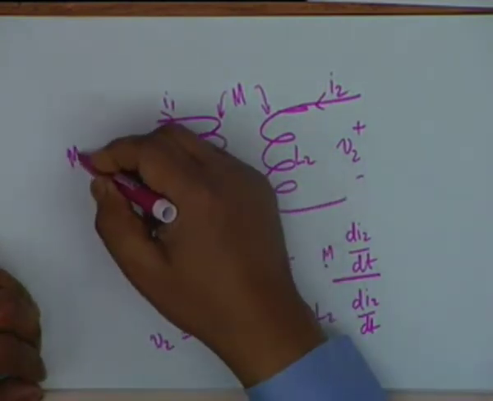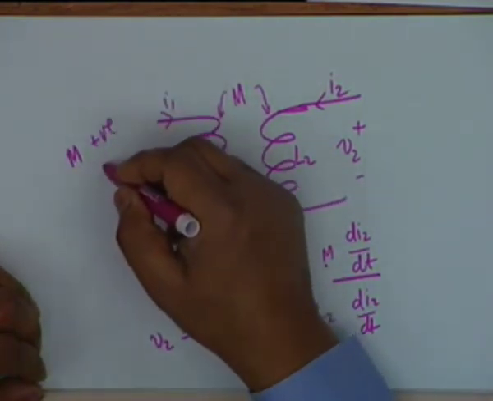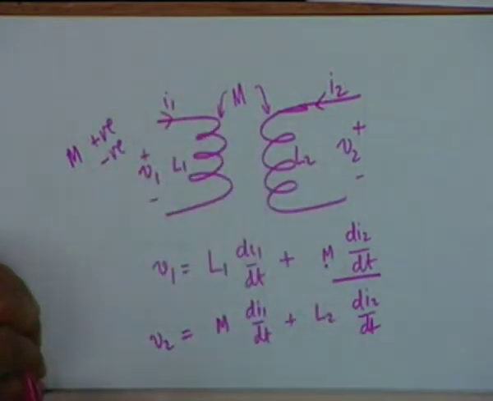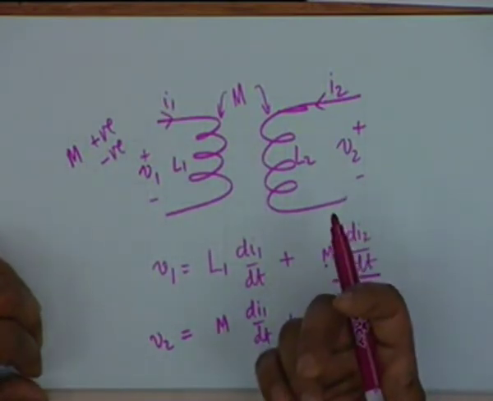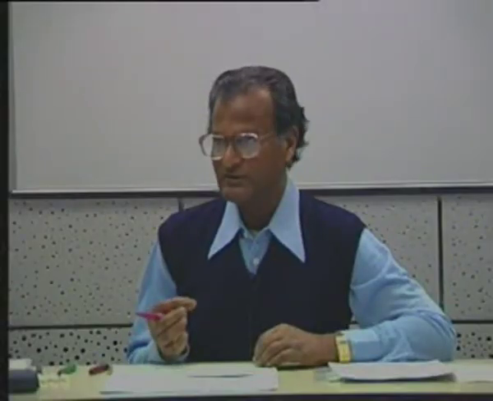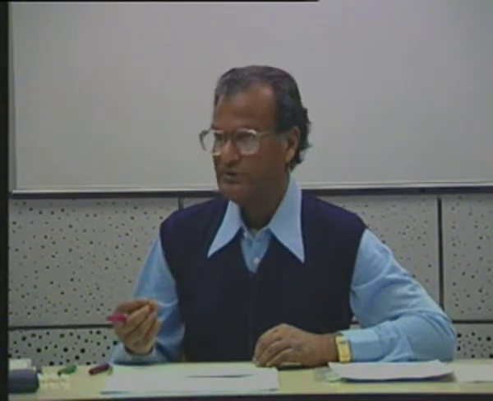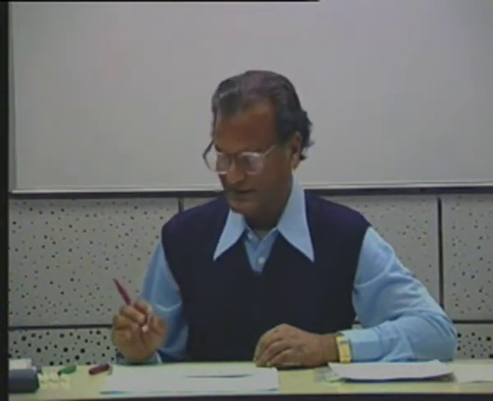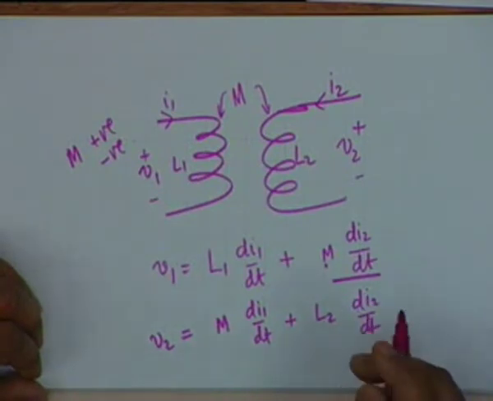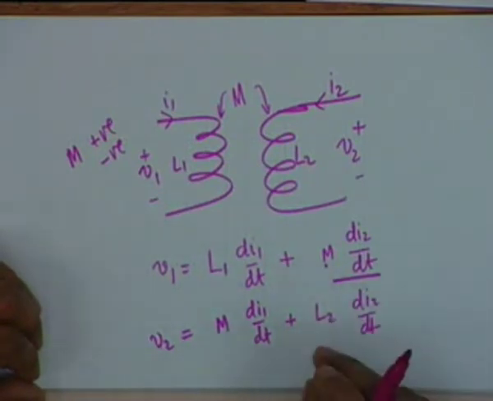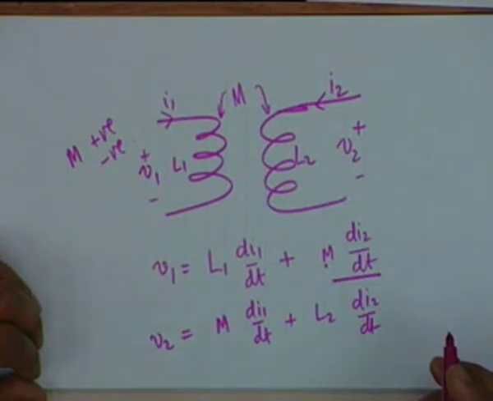So, M, mutual inductance, can be either positive or negative. Do you understand when it is positive and when it is negative? It is positive if the mutual induction produces a voltage of the same polarity as that due to self induction. On the other hand, if mutual induction produces a voltage which tries to annul the voltage due to self induction, we say capital M is negative.